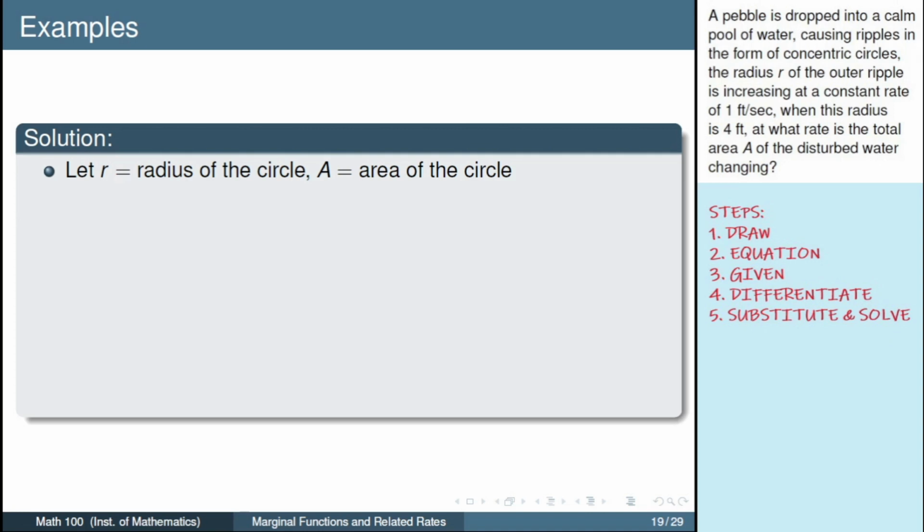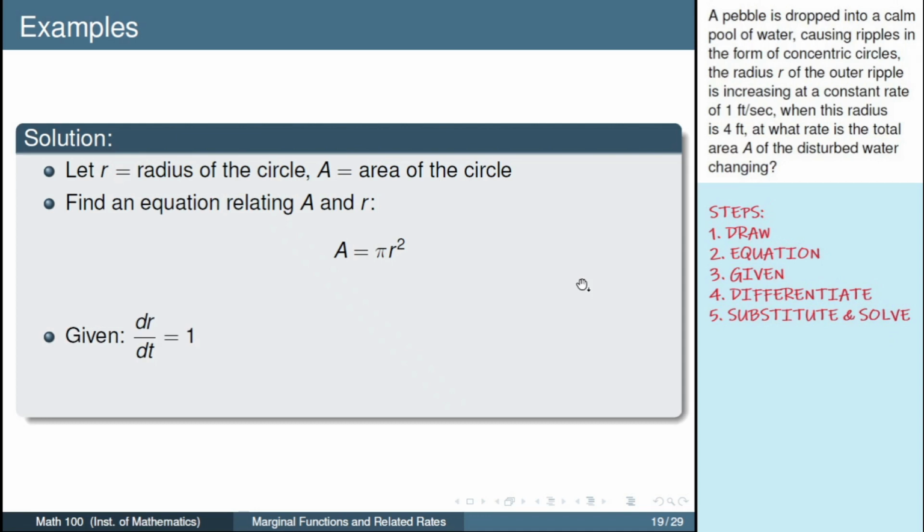So, we're talking about the radius and area of a circle, then we can use the formula for the area of the circle. So, we have this, A equals pi r squared. Then, we list the given. Ang first given natin will be dr over dt equals 1. Sabi dun sa problem, the radius of the outer ripple is increasing at a rate of 1 feet per second.